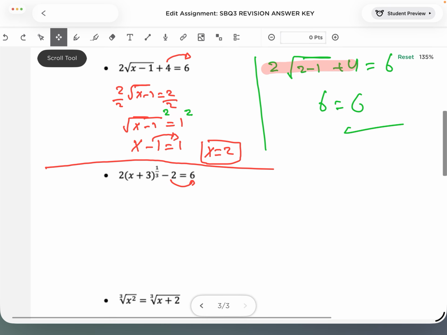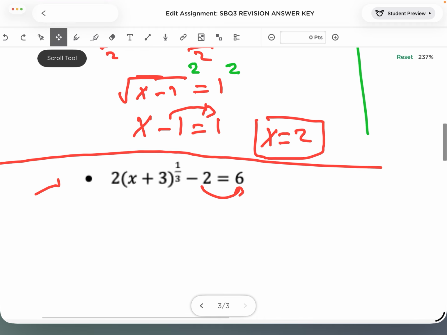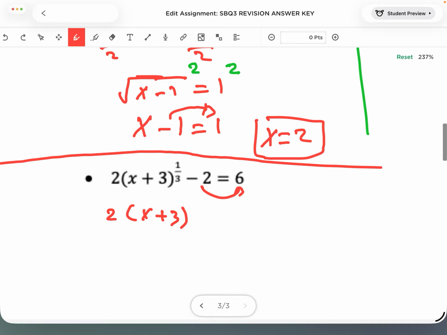Let me enlarge it a little bit. 2 times x plus 3 to the power 1 over 3 equals 8. Over 2 over 2, that means x plus 3 to the power 1 over 3 equals 4.